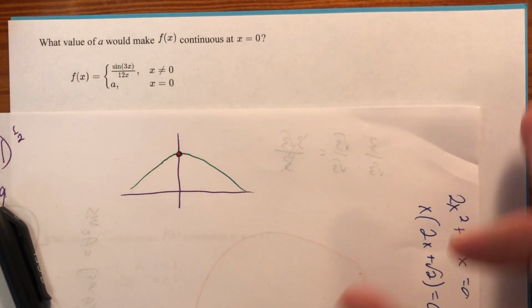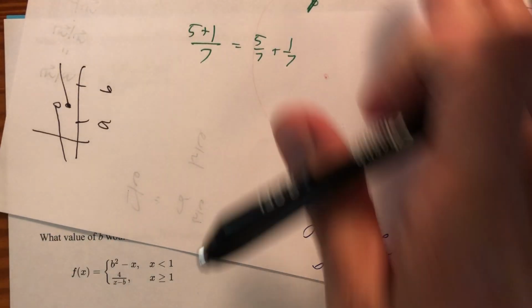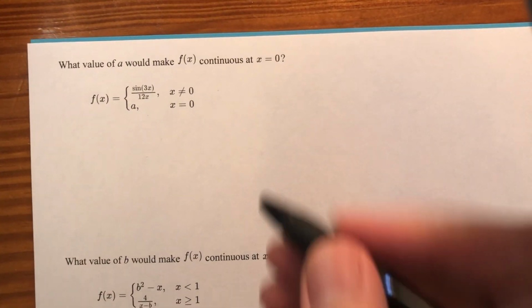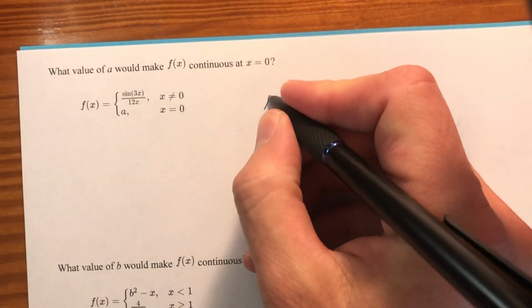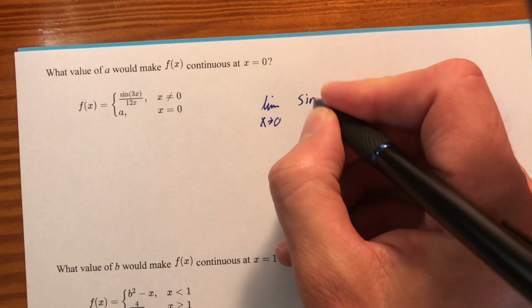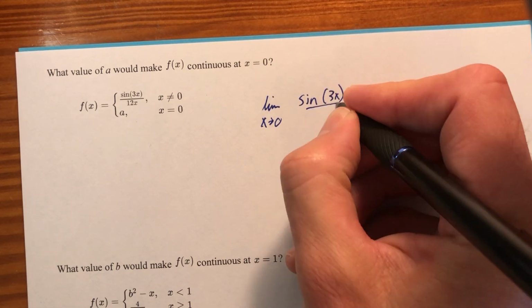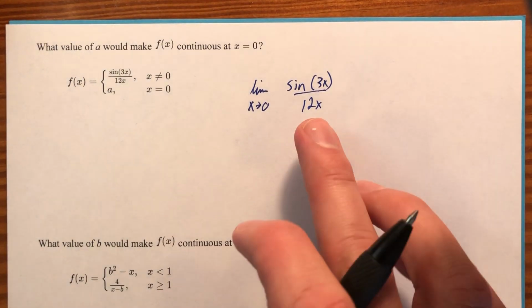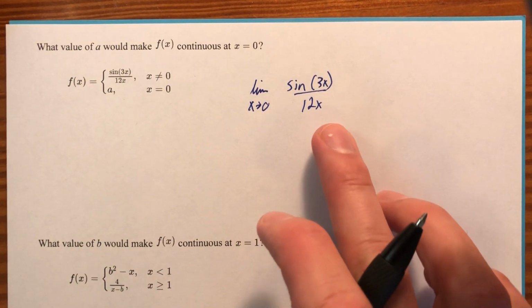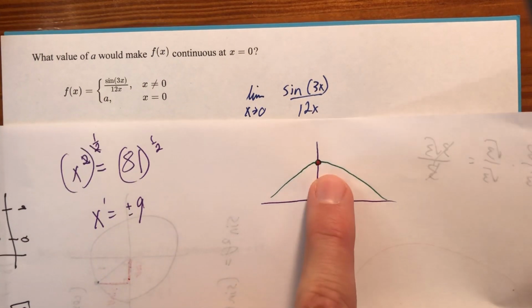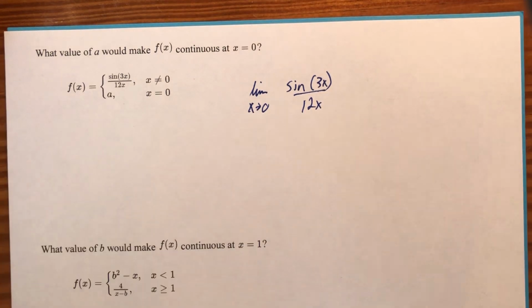I need to know the limit as x approaches 0 of this part of this piecewise function. When I figure this out, I will know the logical y value, and therefore that would be a. That would be the place where we fill the hole and make this removable discontinuity not a discontinuity anymore. We'd have a continuous function.